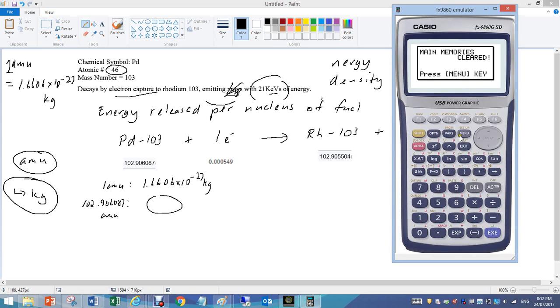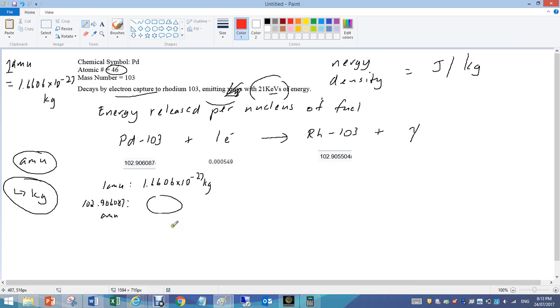So calculator, let's do 1.6606 by 10 to the negative 27 times 102.906087, and then you would divide by 1, so I'll skip that, don't need it, and there we go.